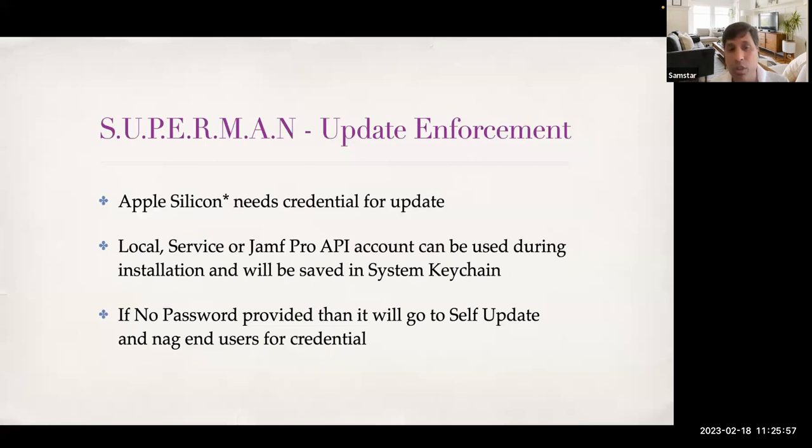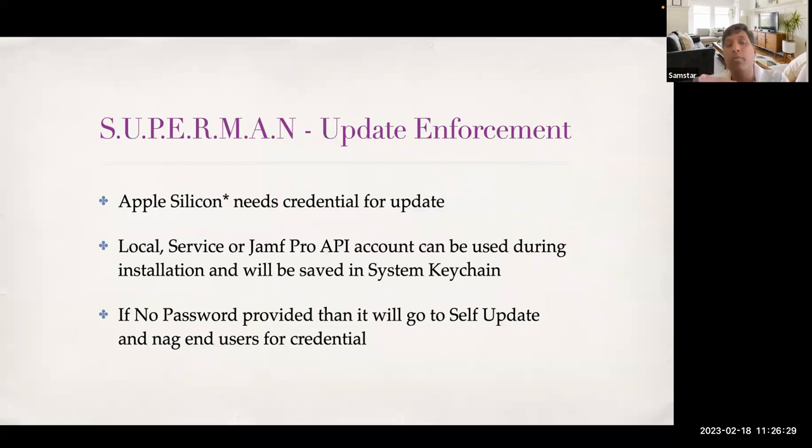When I say enforce, on an Intel Mac, when the deadline is reached, take a scenario where you got the latest macOS version 13.2.1, and you said after 5 days this update should be installed. That means after 5 days, the deadline of the software update will be reached, and Superman will enforce the update. On an Intel Mac, Superman will do a force restart, so it will restart the Mac and configure the update.